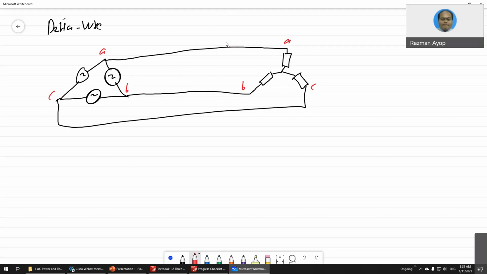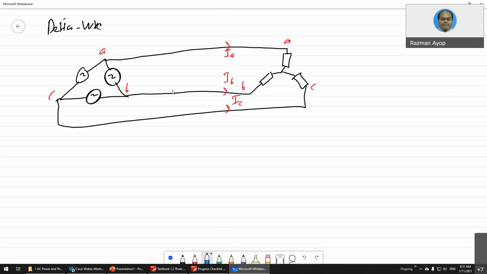Then the currents: this one is IA, this one is IB because it is at B, and this one is IC. Now you have to label the phase or line voltage.